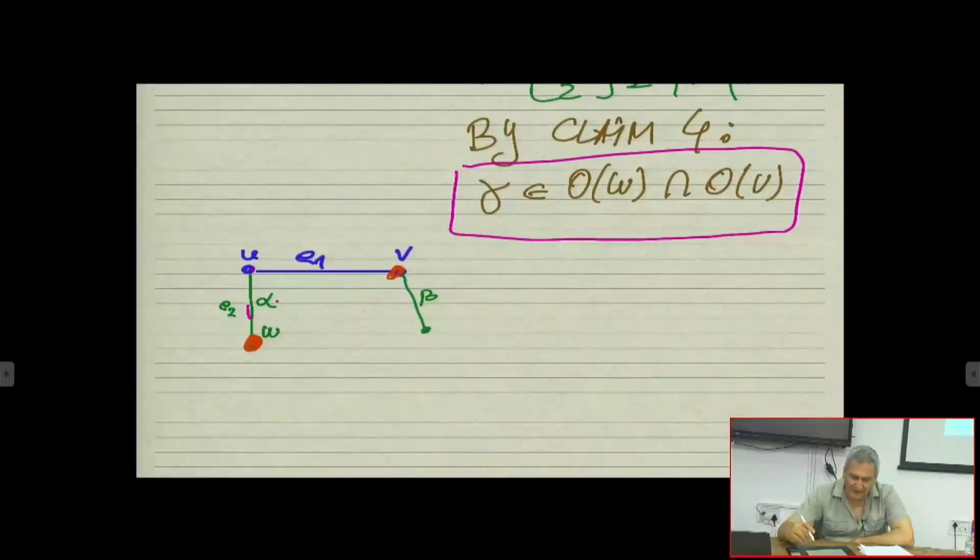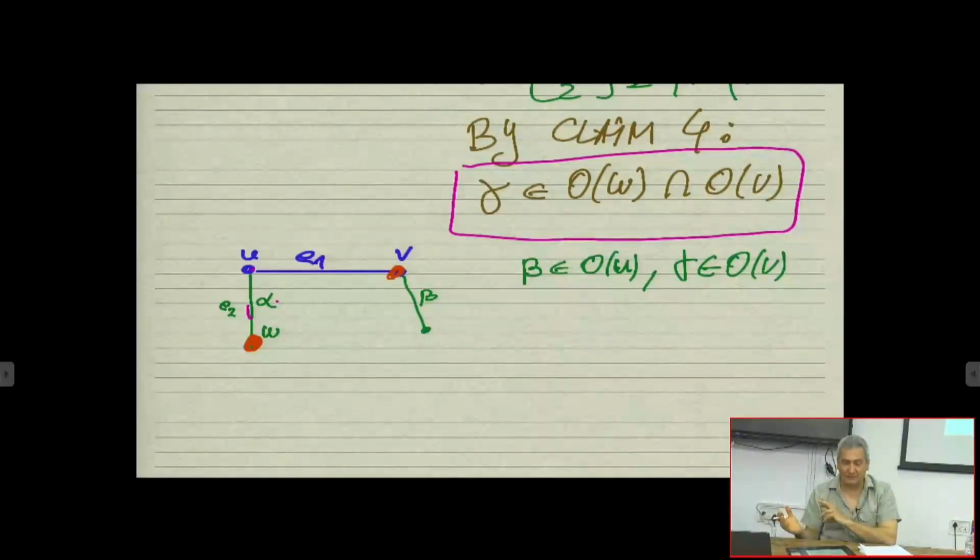So we know that beta, that was the assumption, is missing at U, and gamma is missing at V. So there will be an alternating path with beta and gamma from U to V.